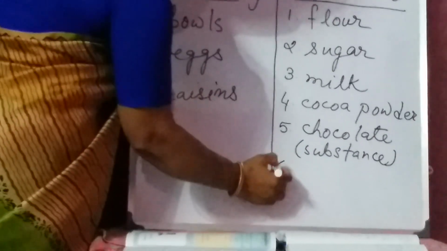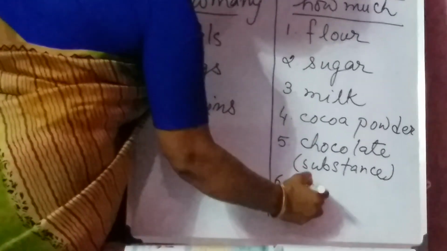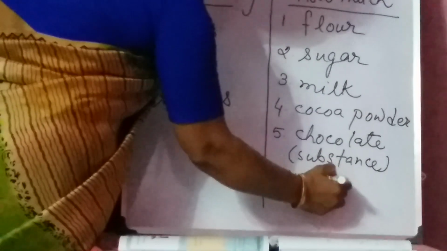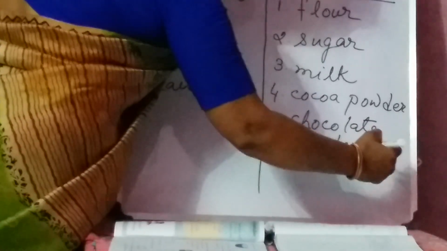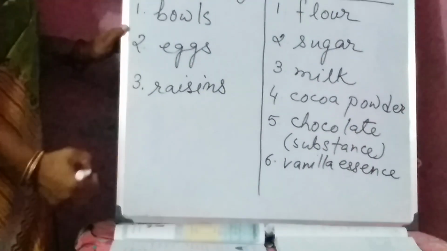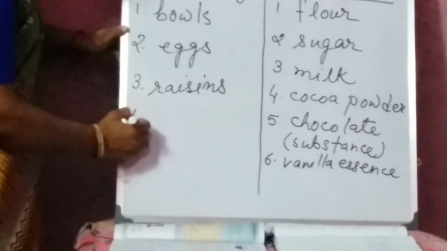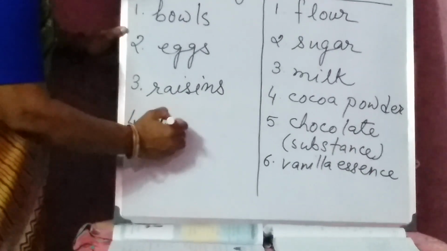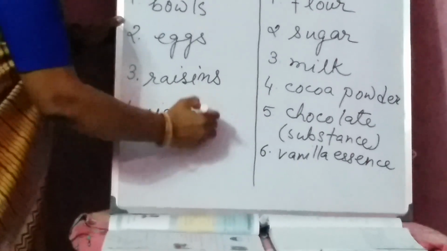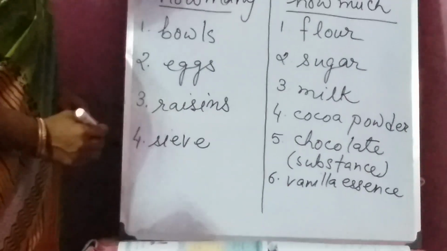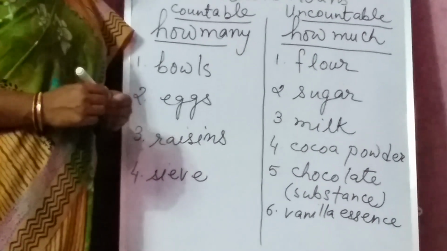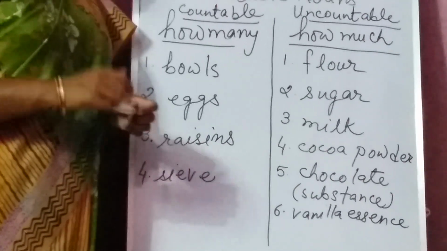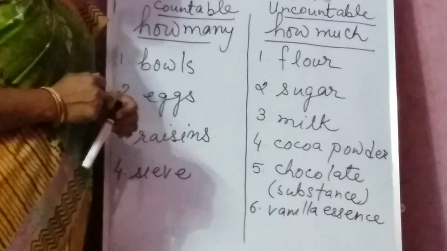Vanilla essence also you cannot count. Sieve. Sieve we can count. Your mummy uses it in the kitchen when she prepares tea, that is the sieve.